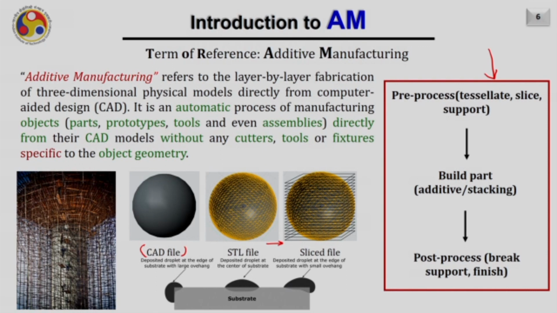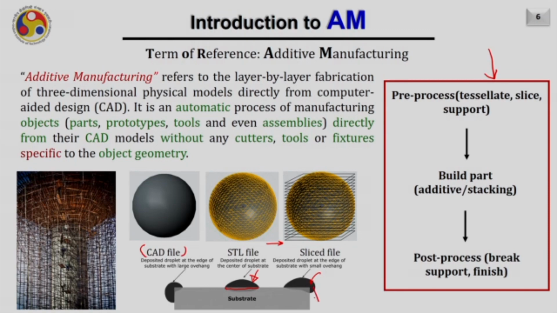What is a support structure? As already mentioned, we fabricate the parts in additive manufacturing by adding material. If you are adding the material on the center of a substrate, it is not an issue because the material is nicely supported from all the sides. But when you are depositing material on the edges like this, two forces will act.